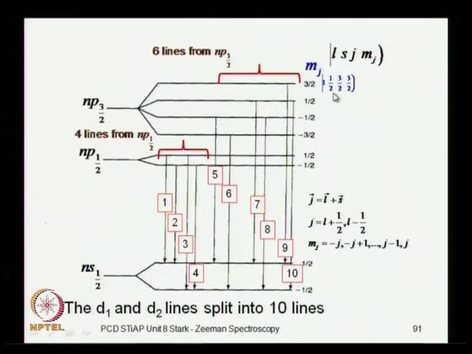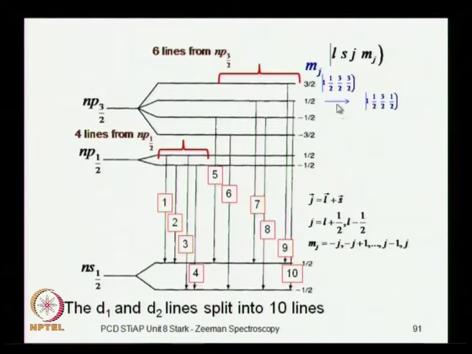So these are the L S J Mj quantum numbers for this uppermost level. For the next level, the L S J Mj quantum numbers are 1, 1/2, 3/2 and 1/2. The last quantum number is the Mj quantum number, okay.